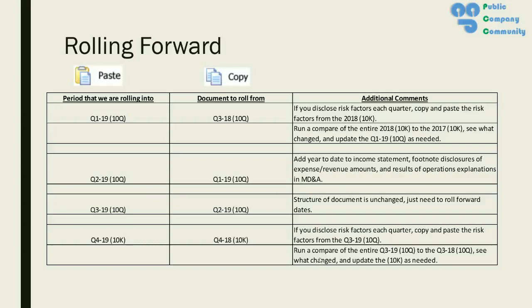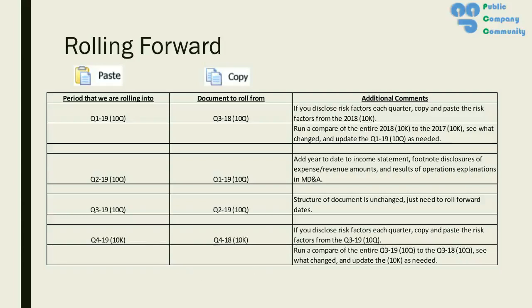Then I do a similar process to what I did in Q1, but this time I do it with the Qs, and I compare Q3 18 to Q3 19, and I see what all has changed, and then I make sure all of those changes are reflected in my 10K document.